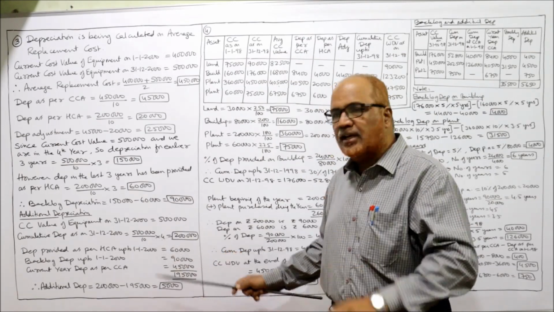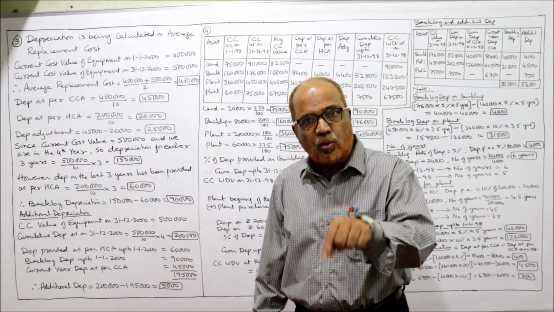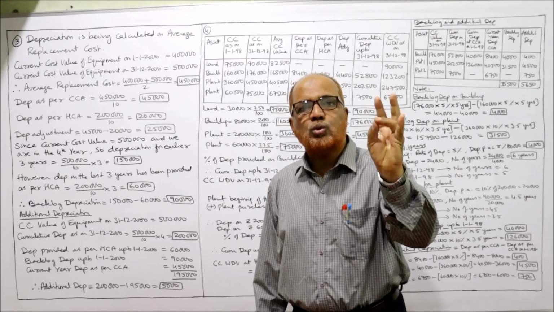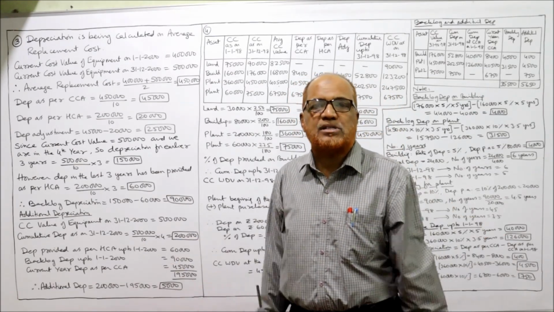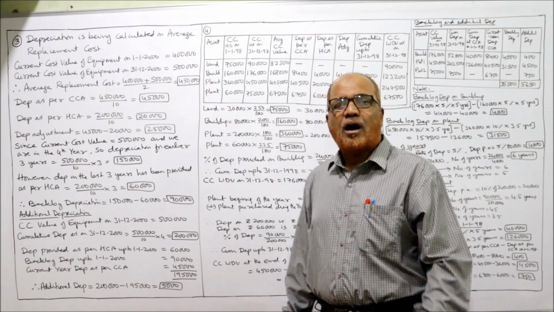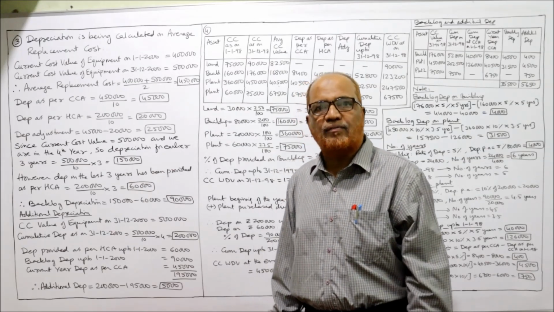Because we are calculating up to 31st December 2000 including the current year, so 97, 98, 99, 2000, the cumulative depreciation of 4 years comes to 2 lakh. Now from this, we'll find out how much total depreciation we have adjusted.